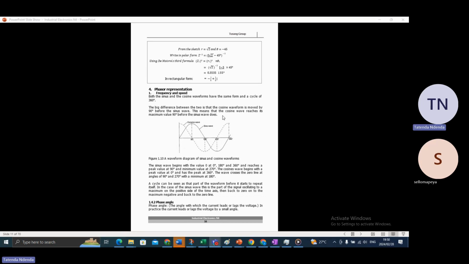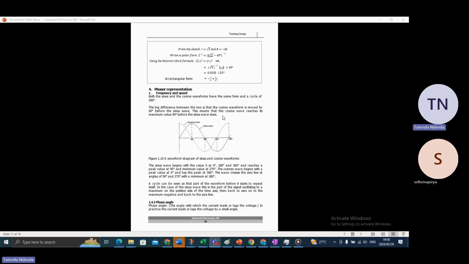Then we have something that we call the phase angle. Whenever we're talking about the phase angle, we're talking about the angle by which the current leads or lags the voltage. So basically that's the phase angle. In practice, the current leads or lags the voltage by a small angle.